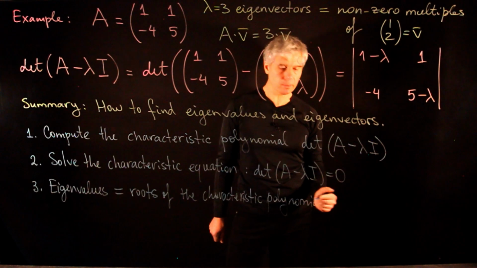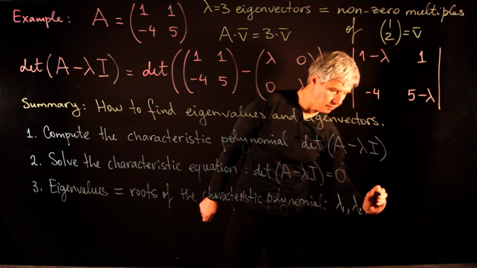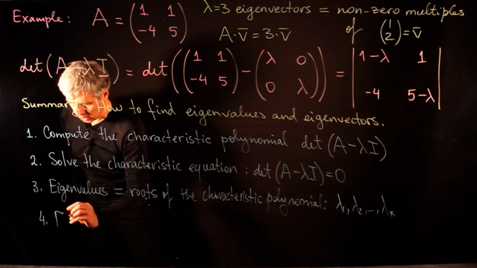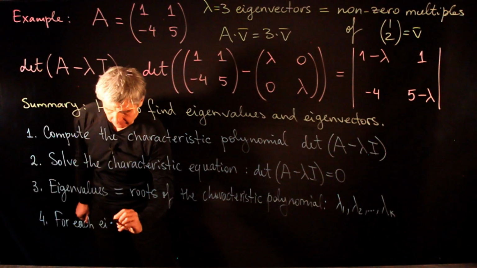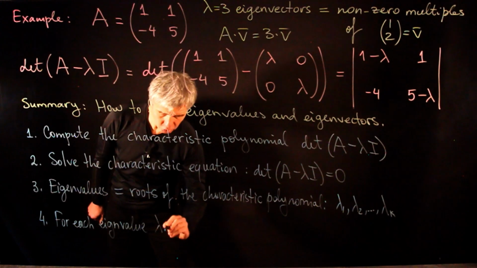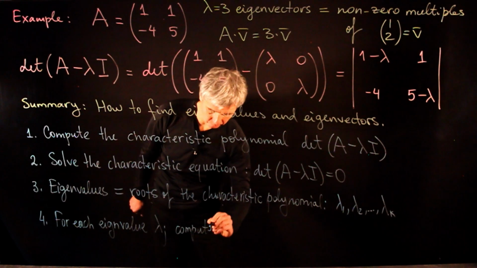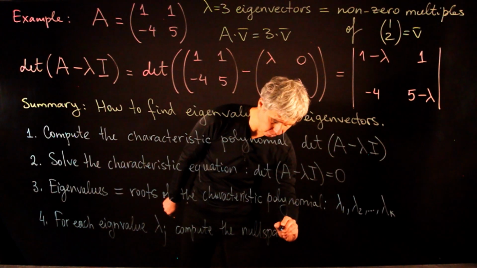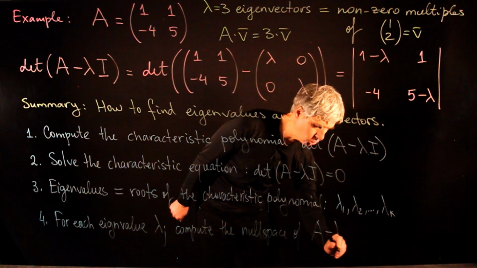A characteristic polynomial may have several roots. Let's call them lambda 1, lambda 2, lambda k. So then, for each eigenvalue lambda j, compute the null space of the matrix A minus lambda j times identity.